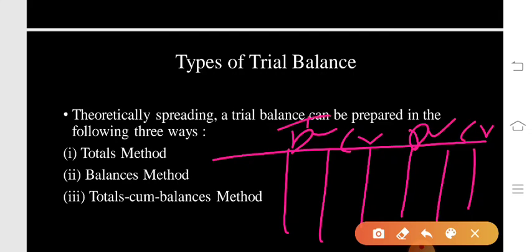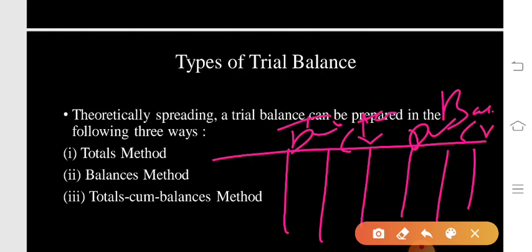Here we'll write totals as we have written in the first case. Here we'll write balances as we have done in the second case. So we'll write the total method also and we'll write the balance method also.